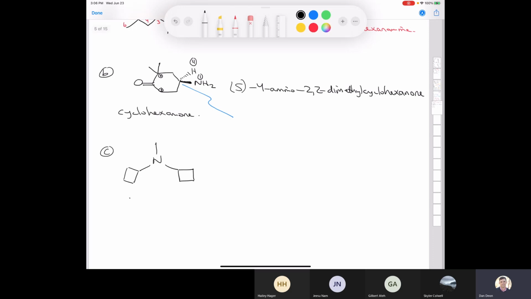And remember, with dicyclobutyl, you ignore prefixes except iso, cyclo, and neo, so C counts, and then you've got methyl, and you alphabetize that according to the letter M. So obviously dicyclobutyl comes first, so we get dicyclobutyl methylamine. So let's write that down.